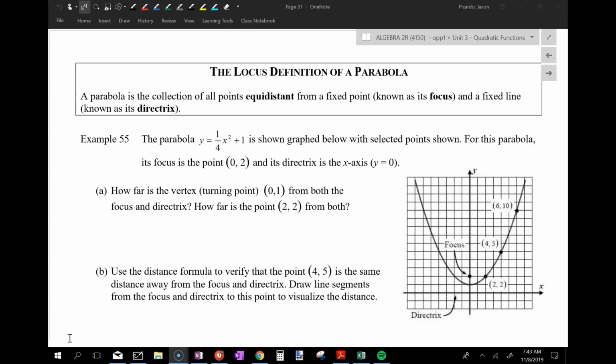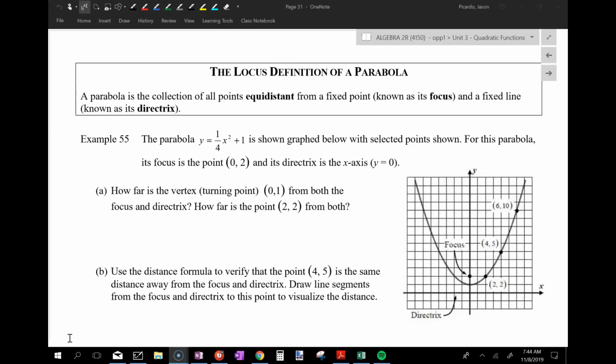So if I wanted to get to that wall as quickly as possible, I wouldn't walk that way. I would walk straight to it perpendicularly. So the distance from here to here is always going to be perpendicular, and then it's going to match that distance. If I put a point here, then this distance would match that distance, and if I put a point out here, then that distance matches that distance.